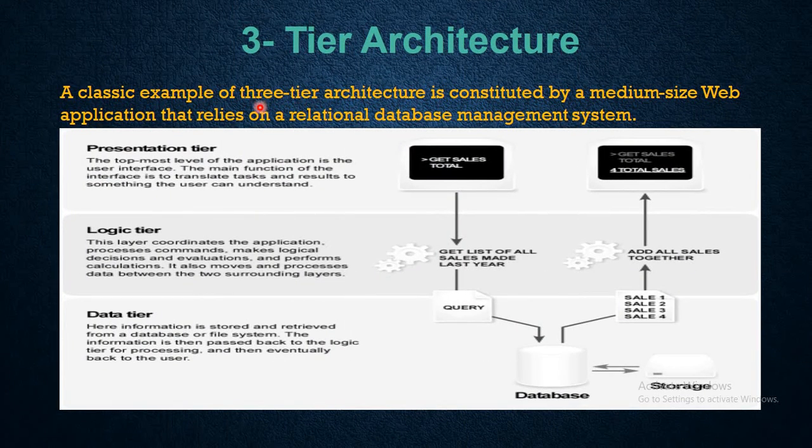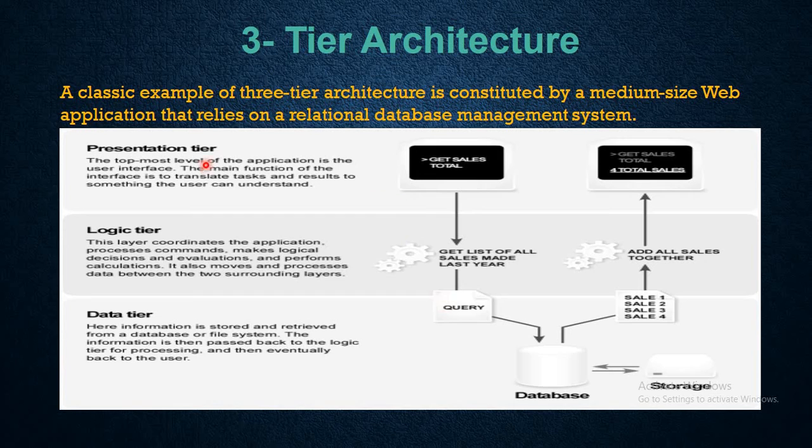The three-tier architecture separates the presentation of data, the application logic, and the data storage into three tiers. A classic example of three-tier architecture is a medium-size web application that relies on a relational database management system for storing its data. In this scenario, the client component is represented by a web browser that embodies the presentation tier.